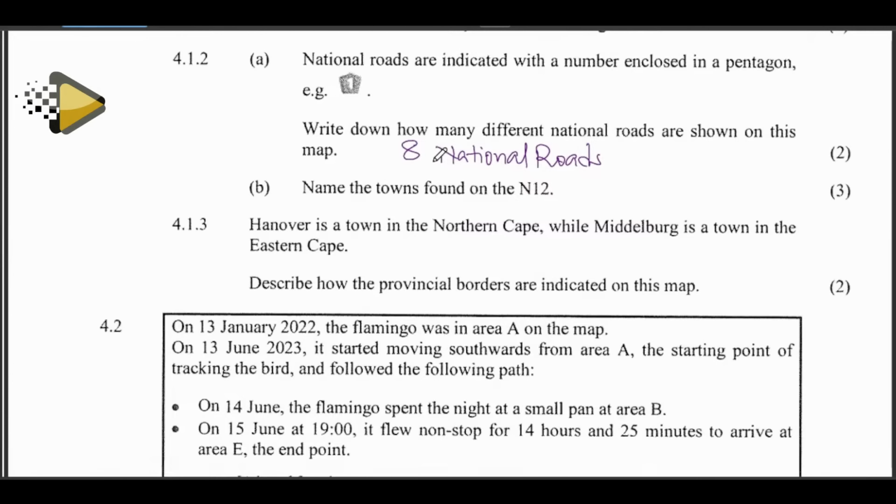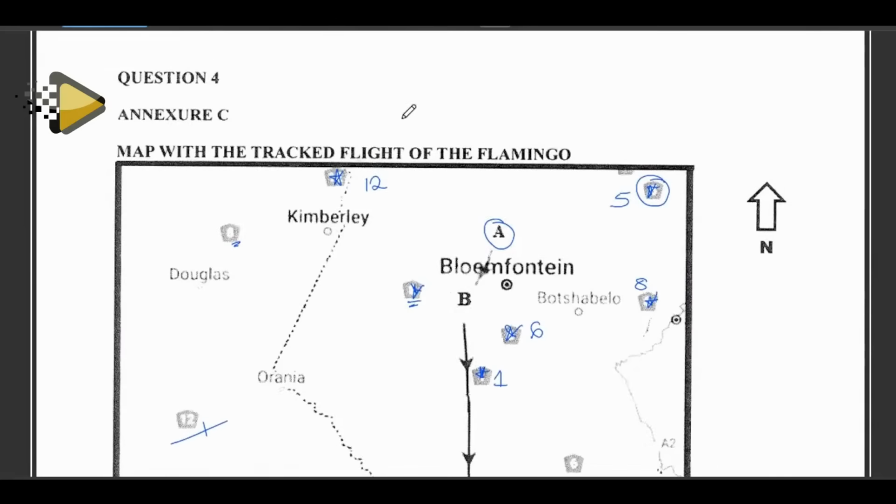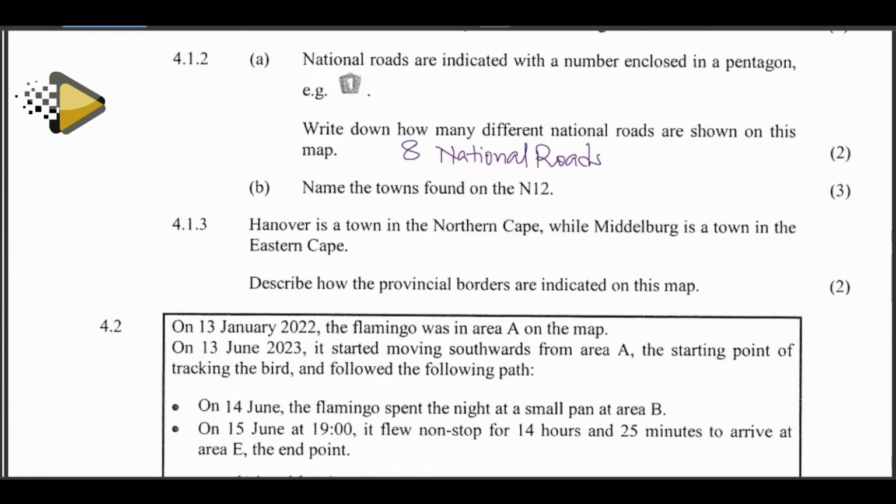Name the towns found on N12. Take note of that, N12. N12 was passing by here, the borders here. We have Kimberley, and when you come down, you have this town here. It was on N12. Daha is on 10. So the towns that we see here are Kimberley.